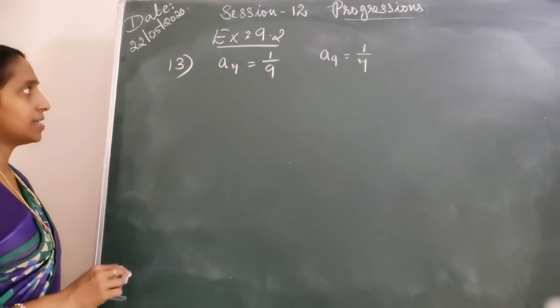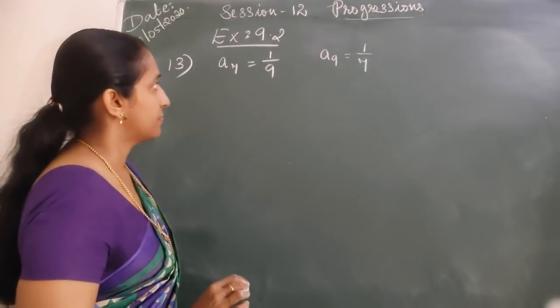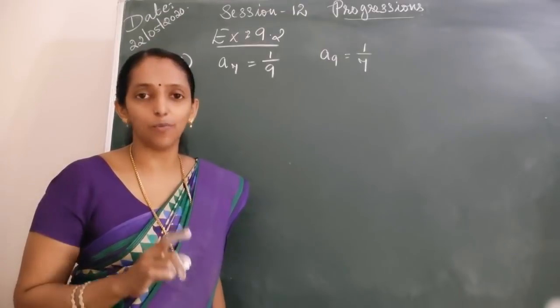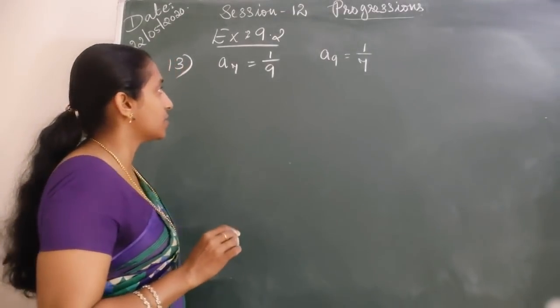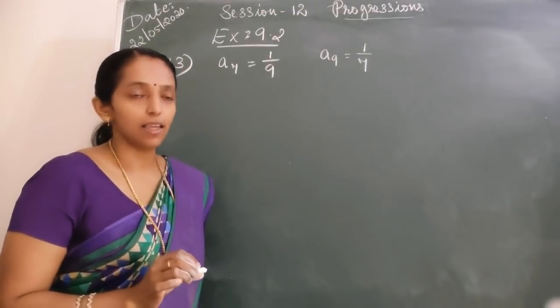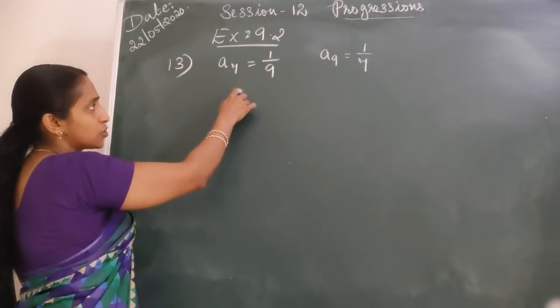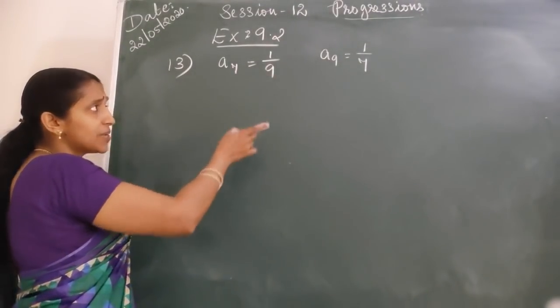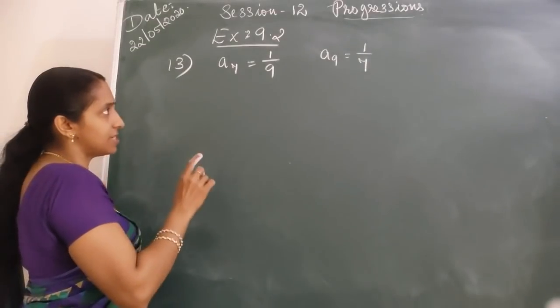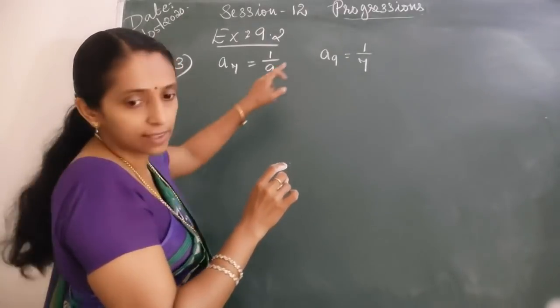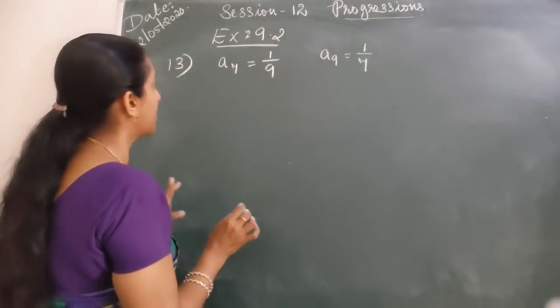To calculate the 63rd term, we need A as well as D. Both are unknown. How can we calculate A and D? We can calculate A and D by substituting the values, because two equations we are having. The seventh term is given as 1 by 9 and the ninth term is given as 1 by 7.